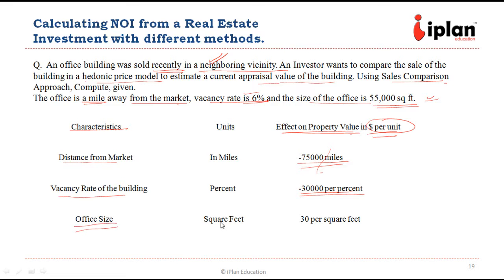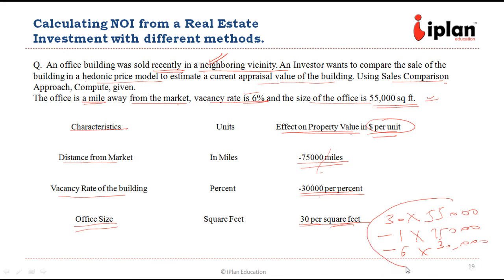Then the office size is $30 per square foot. So this is going to be positive. So based on the size, the price is going to be higher. So 30 into 55,000 is positive. And since it is 1 mile away, so 1 into 75,000. And since 6% is the vacancy rate, so minus 6 into 30,000.